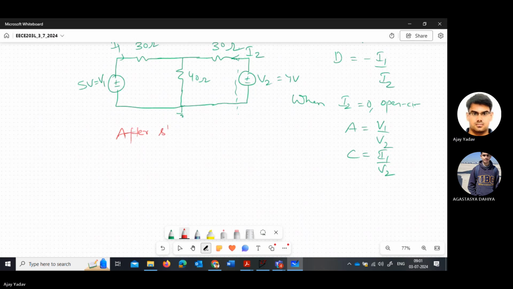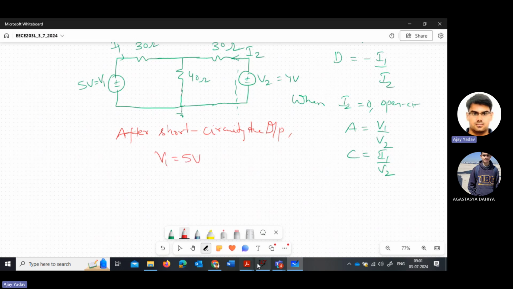After short circuit the output, your V1 is 5 volt.